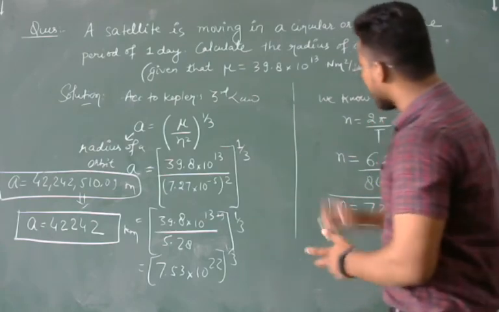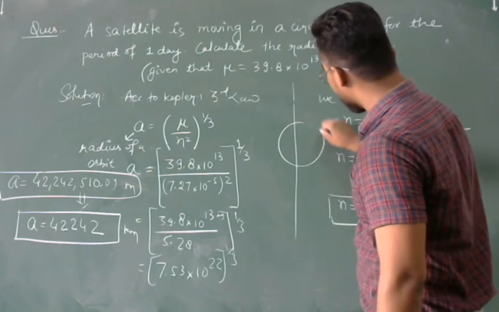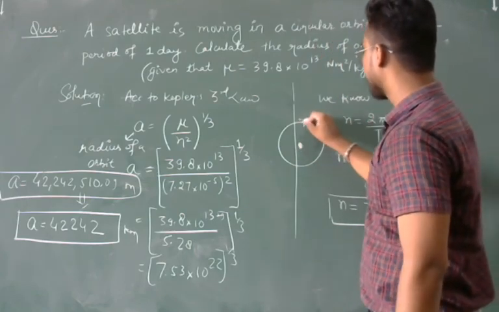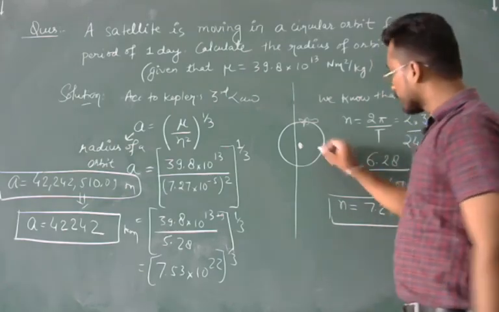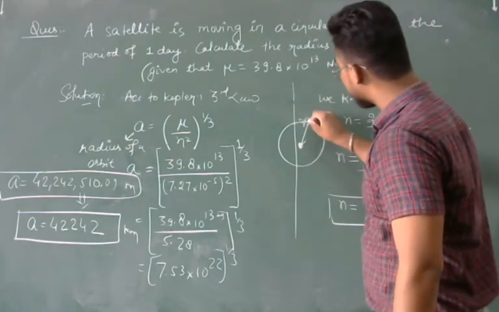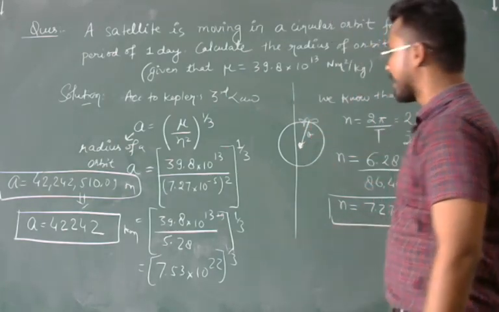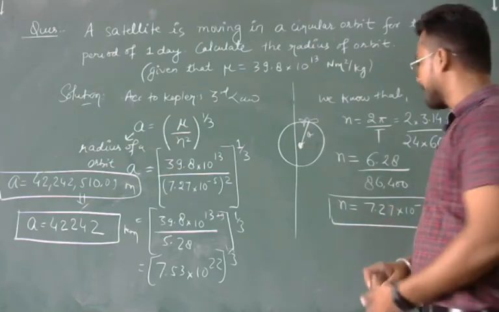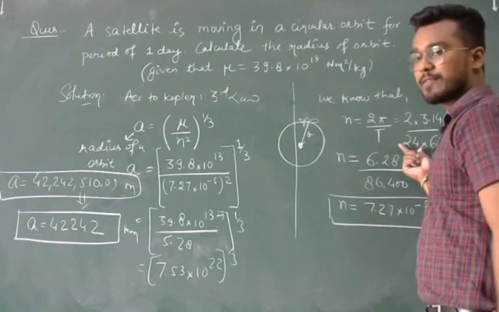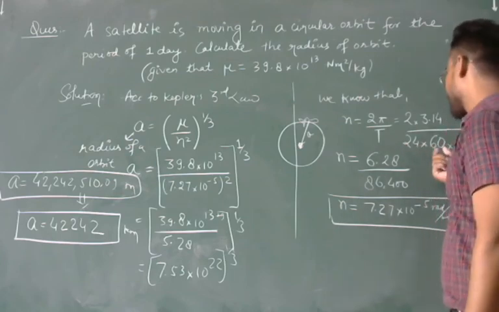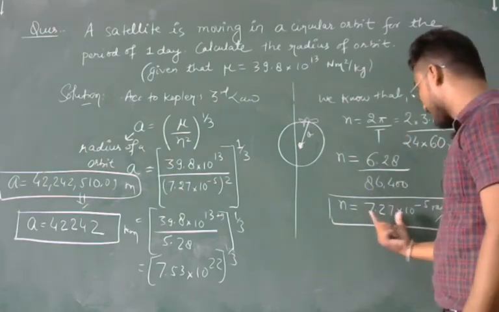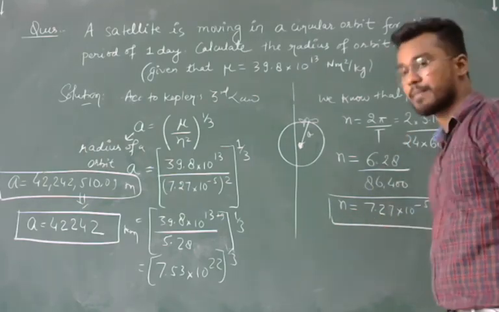अब चूंकि मोशन जो हमारा है that is circular around this Earth, जो सैटेलाइट रोटेट कर रही है, इसकी डिस्टेंस हमने a जो रिप्रेजेंट किया, यही हमने फाइंड आउट करना था. तो n फाइंड आउट करने के लिए 2π by T लगाते हैं. T 24 hours था, we have converted into seconds, क्योंकि वैल्यू विल बी रेडियंस पर सेकेंड and the calculated value 7.27 into 10 to the power minus 5.